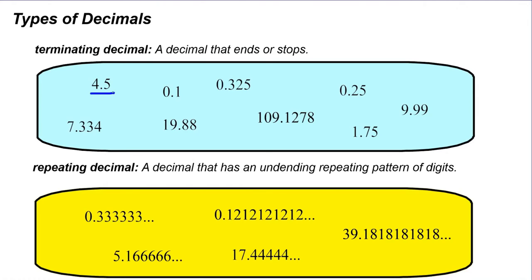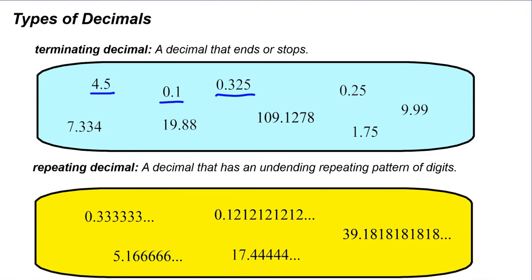So for example, 4.5 or 4 5/10, that number stops after the 5. The 5 is the last number in that number, so it does not keep going. Likewise, 1/10 is a terminating decimal. Here is 325 thousandths. That number terminates or stops. And then you can see other examples of terminating decimals as well.